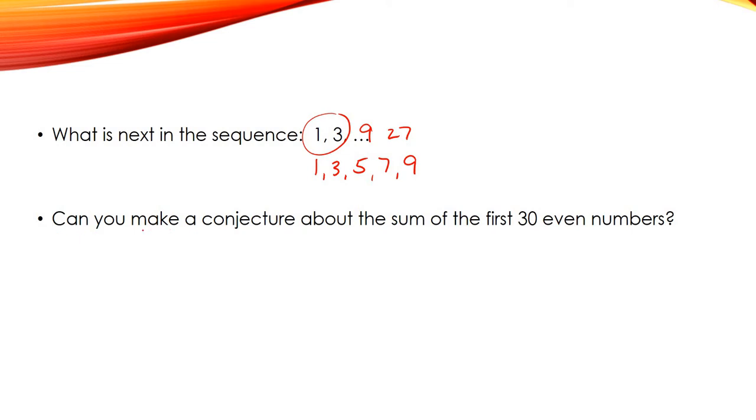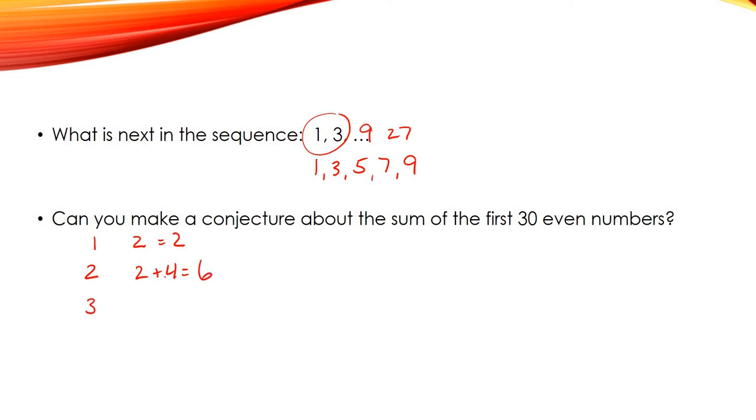So let's look at a more complex problem. Can you make a conjecture about the sum of the first 30 even numbers? Well, the first thing we have to do is make sure we have enough data. The first even number is 2, and if I just add 2 to itself, I get 2. If I take 2 even numbers, 2 plus 4, I get 6.